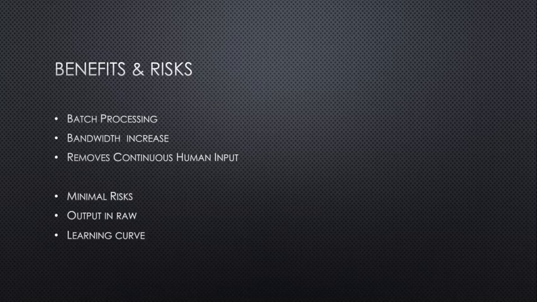This bandwidth increase is going to require retooling, and there's really no other way that we can hire enough men to process all these individually. The nice part about this is it does remove almost all human input. We provide the Excel spreadsheet and then just start sending, so everything else is taken out of the human hand.